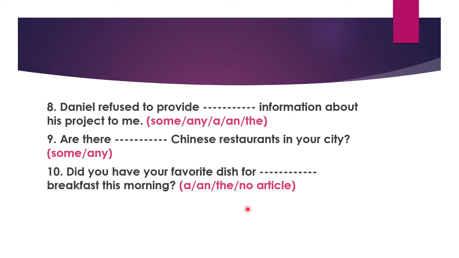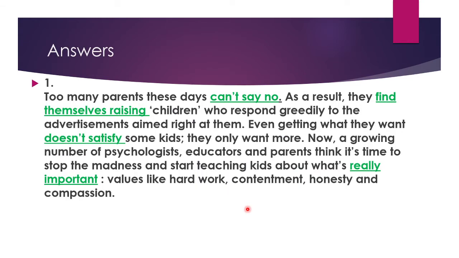So you can pick your answers, and now I'll be showing you the answers and you can match them with your answers. I've tried to explain where I feel that explanation is required. Along with the answers, I've given the explanation, but in case you still have any query, you can write it in the comment box and I'll answer it.